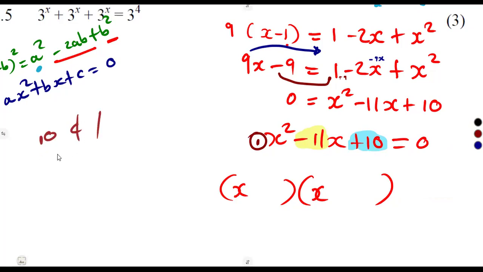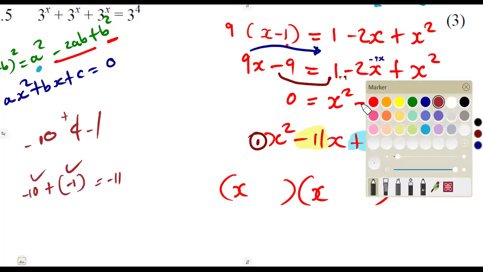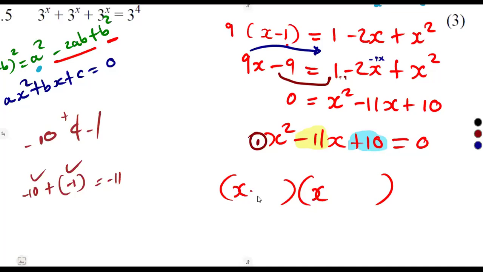There's something about 10 and 1. But to get negative 11, we must have what? Both negative. Negative times negative, that's positive 10. If we add minus 10 plus minus 1, that's what? Minus 11. So this is exactly what we want. A minus 10 and a minus 1.